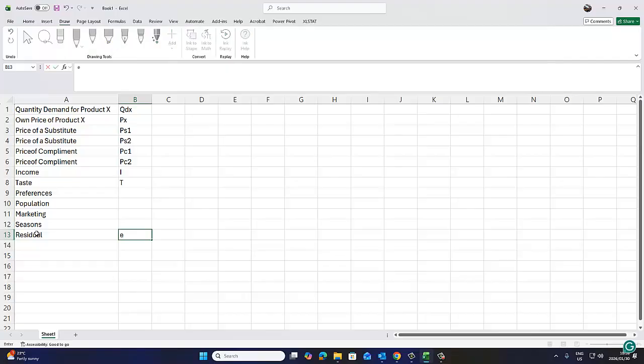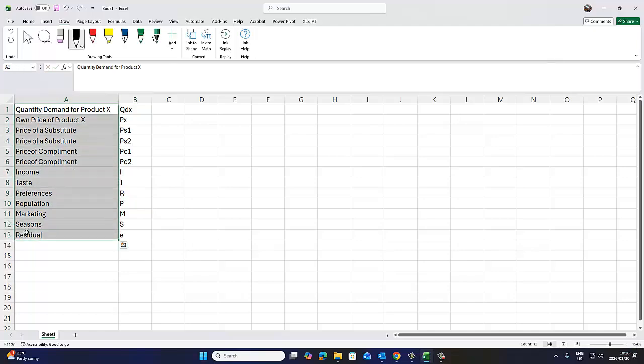Normally our error term is a little E. Preferences, let's make it R. Population, let's make it P. Marketing is M. Seasons is S. Because you don't want to write these things in your function, you want to use the abbreviation. So there's my abbreviation. So these are all the factors that I think influence quantity demand and demand.